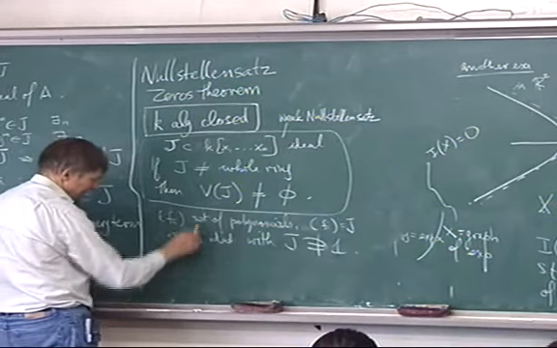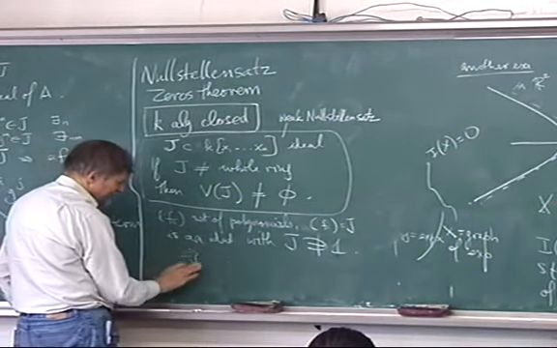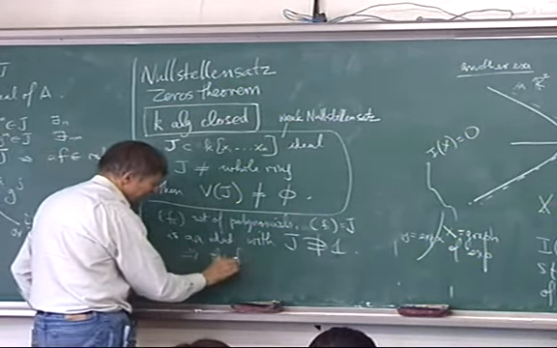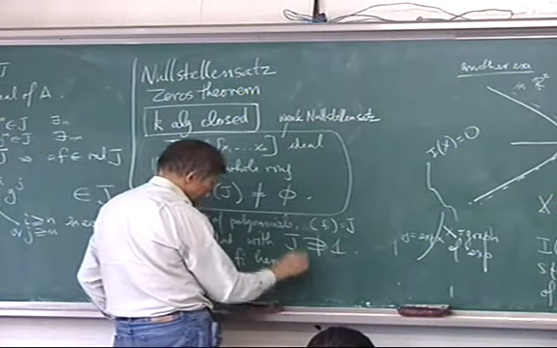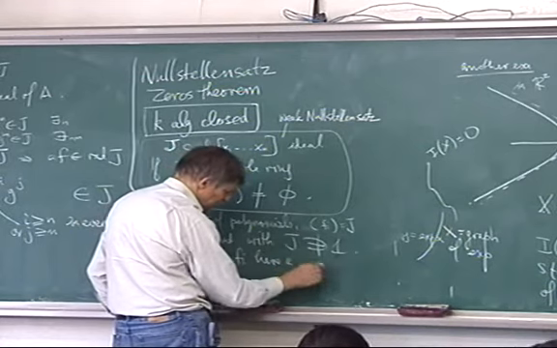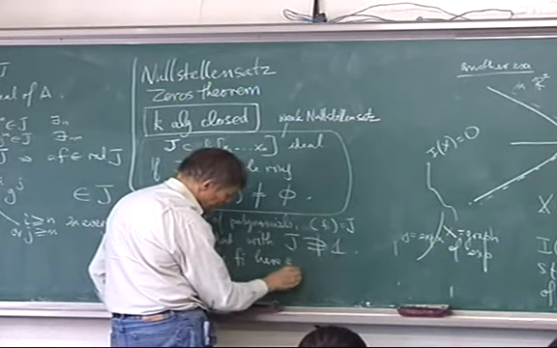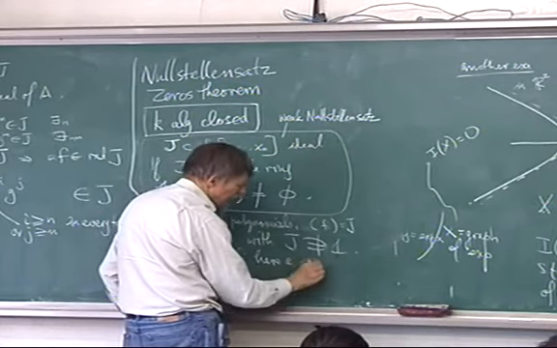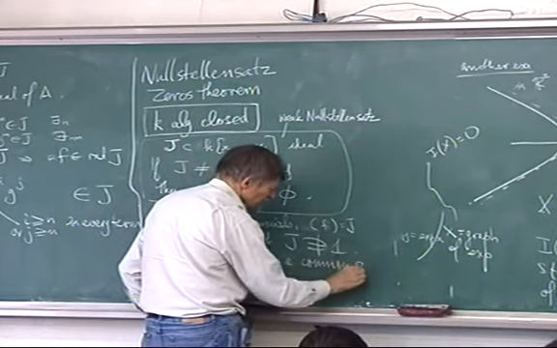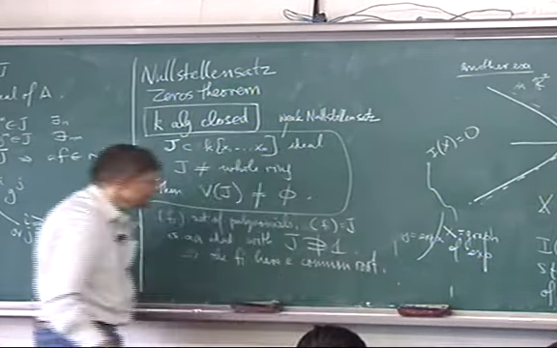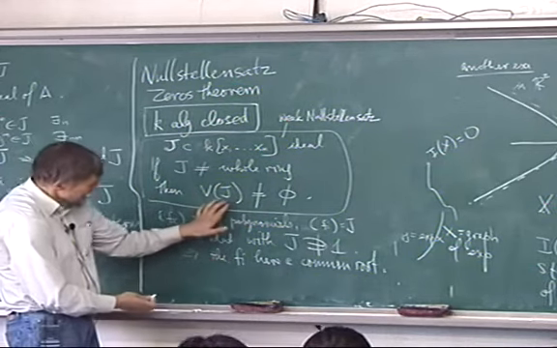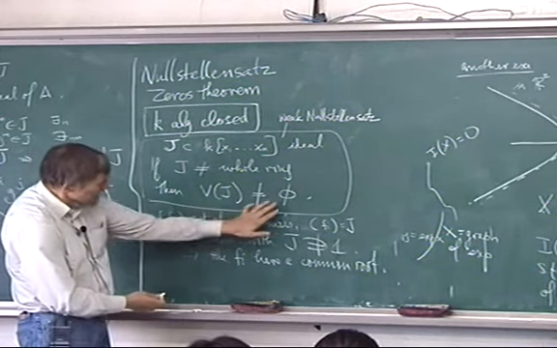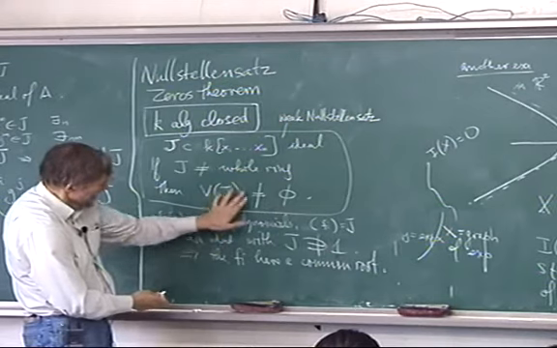Then the f_i's have a non-empty set of roots, so they have at least one common root. This statement is about the existence of at least one point in this variety.